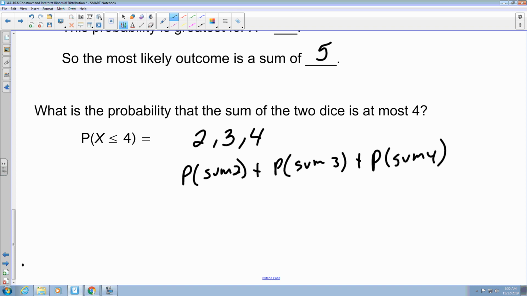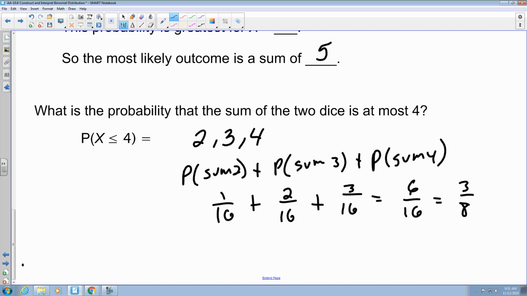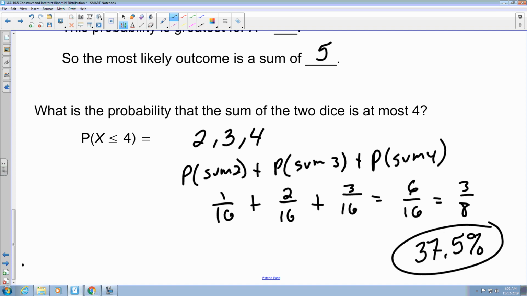For 2, it was 1 over 16, plus, keeping the same denominator, 2 out of 16 for the sum of 3, plus 3 out of 16 for 4. So 1 plus 2 plus 3 is 6. We got 6 out of 16, which reduces to 3/8. As a percentage, it would be about 37.5%.